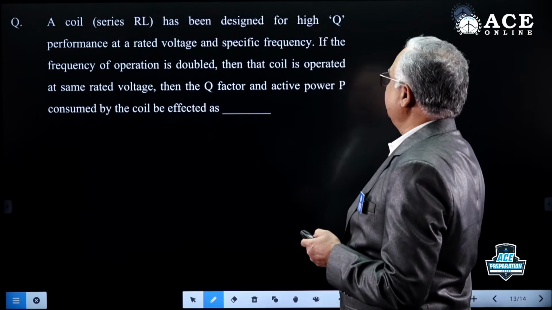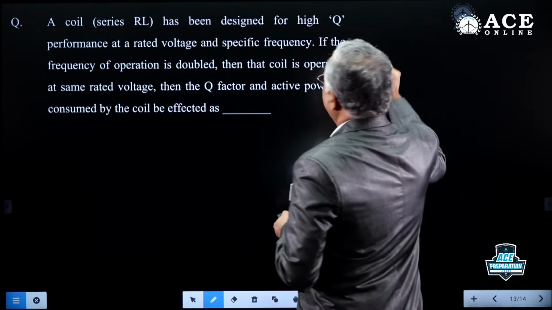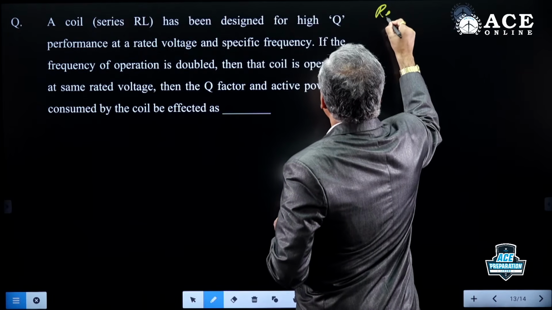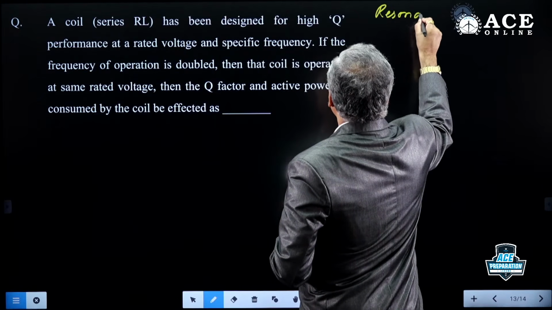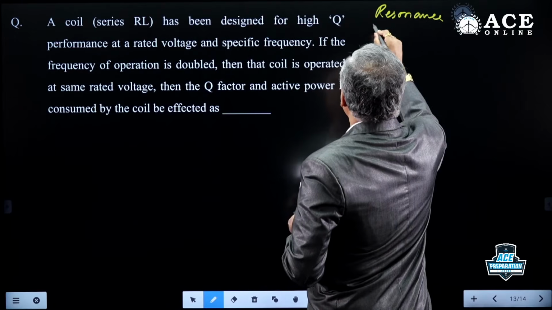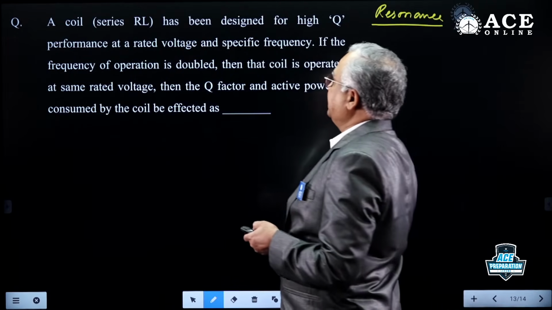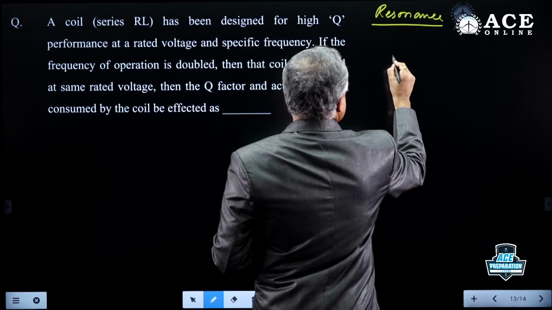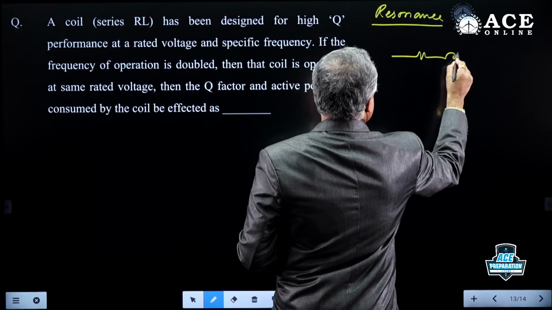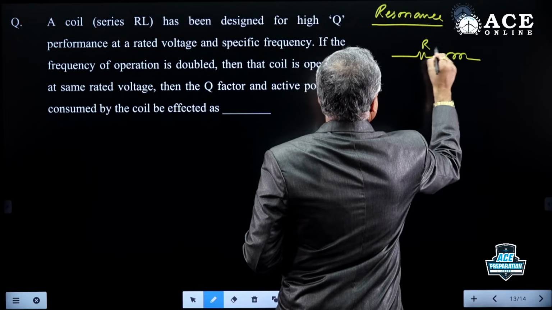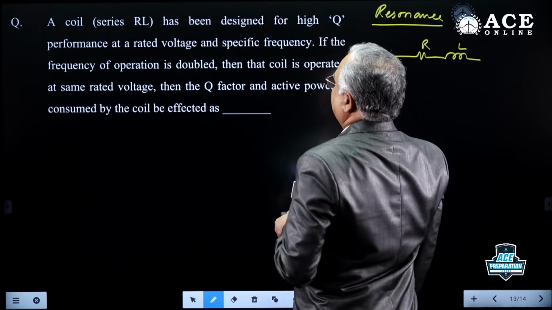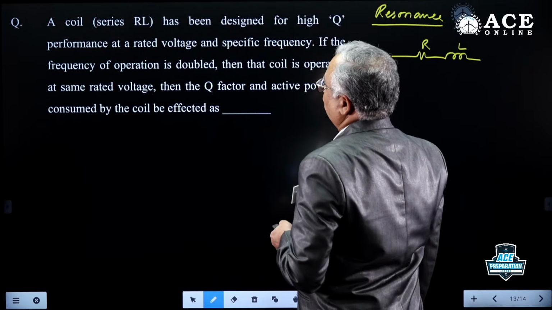This is another problem in resonance. A coil, series RL, has been designed for high Q performance.